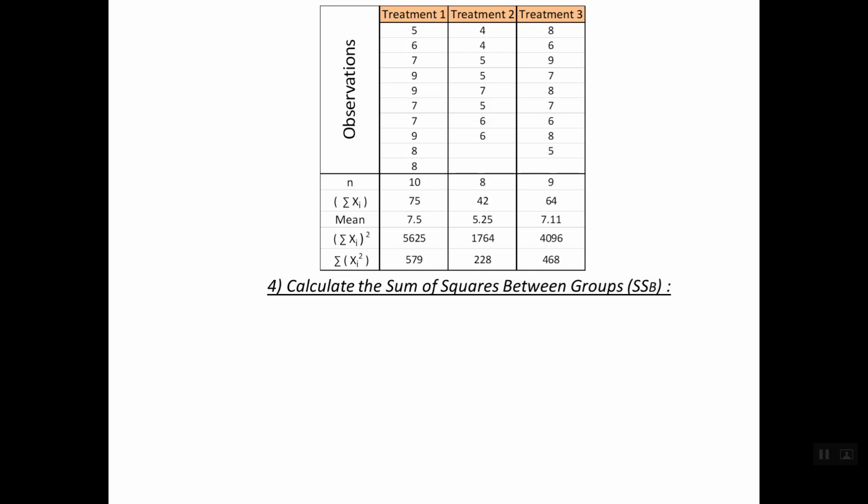Now we need to calculate the sum of squares between groups, which is abbreviated SSB.